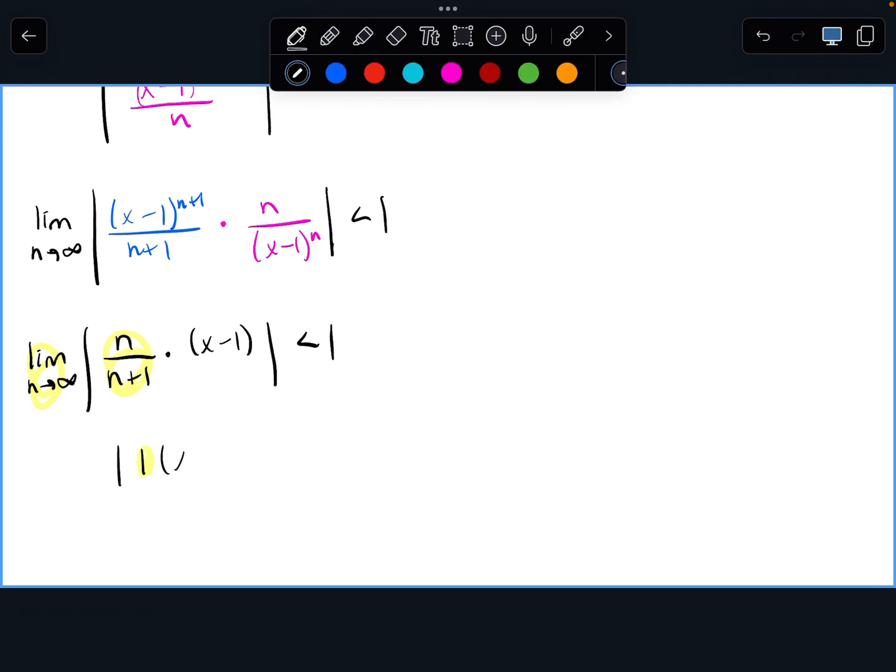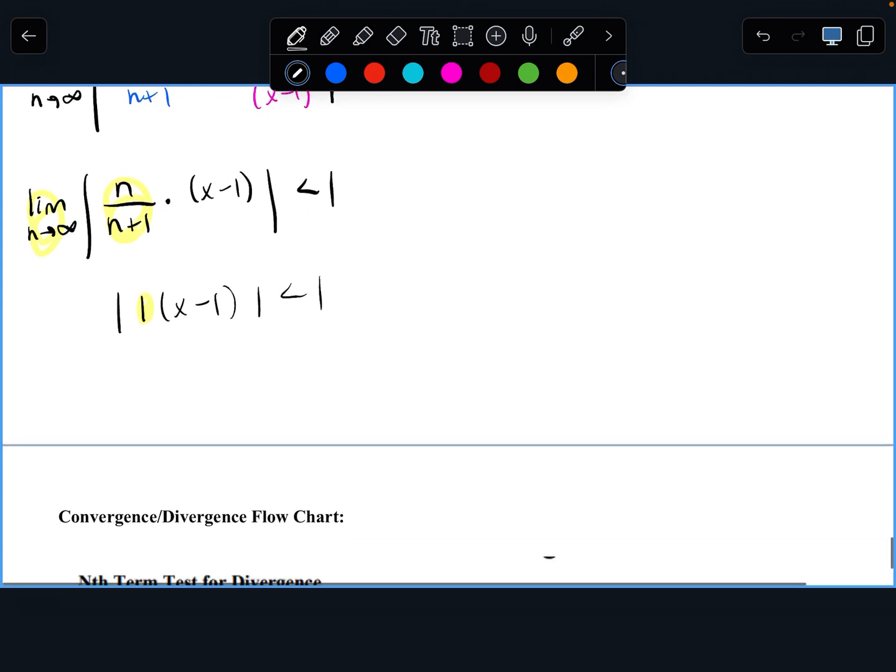I know that seems kind of goofy, but that's what you get. So then now you're going to break it up. If that absolute value is less than 1, it's going to be between negative 1 and 1. So it's between 0 and 2.